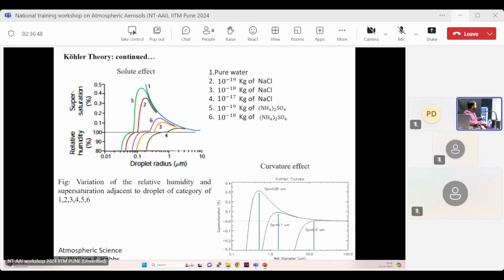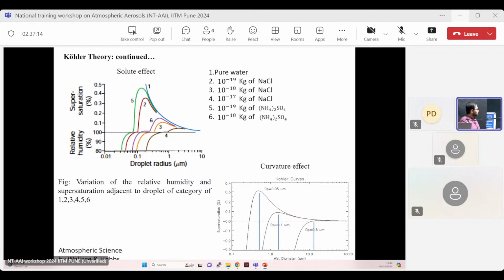For ammonium sulfate you need more supersaturation to get activated, and for sodium chloride you need less. That tells you the extent of hygroscopicity of a given particle, be it inorganic or organic, can influence your extent of growth as well. You need more supersaturation for certain particles and less for others.